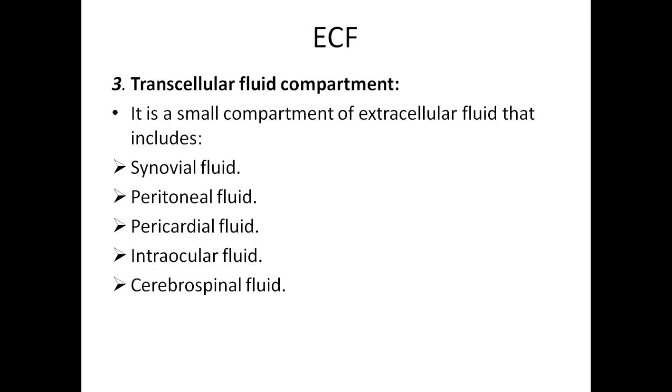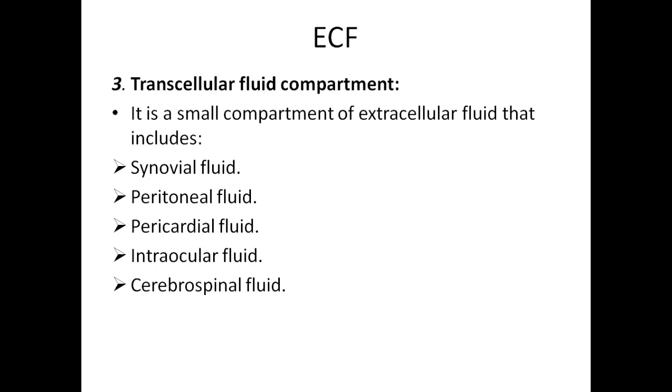Also the peritoneal fluid, found in the peritoneal cavity, the fluid within the pericardial cavity, the intraocular fluid within the eye, and also the cerebrospinal fluid. All these are considered transcellular fluid. They are not interstitial fluid.